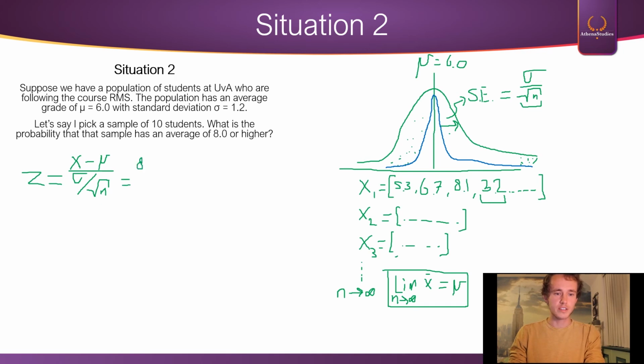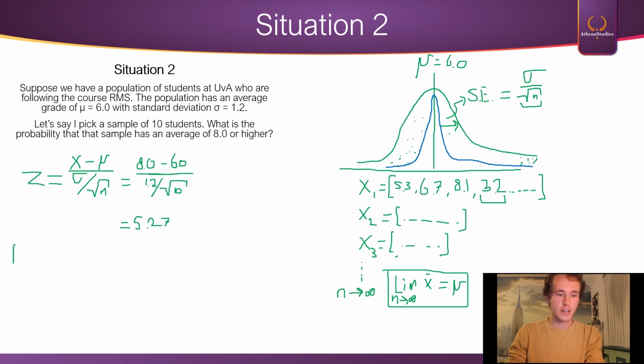In this case, we have 8.0 minus 6.0 divided by the standard deviation, which is still 1.1, because remember, all the observations still have the same standard deviation, divided by the square root of the sample size, which was 10, and the outcome of this formula is 5.27.